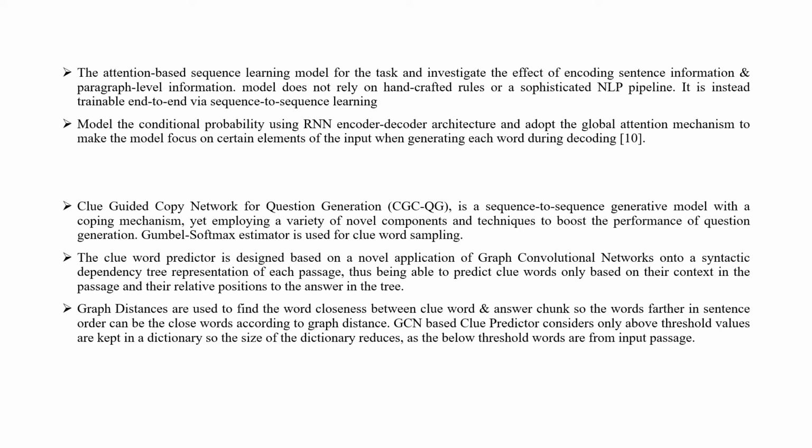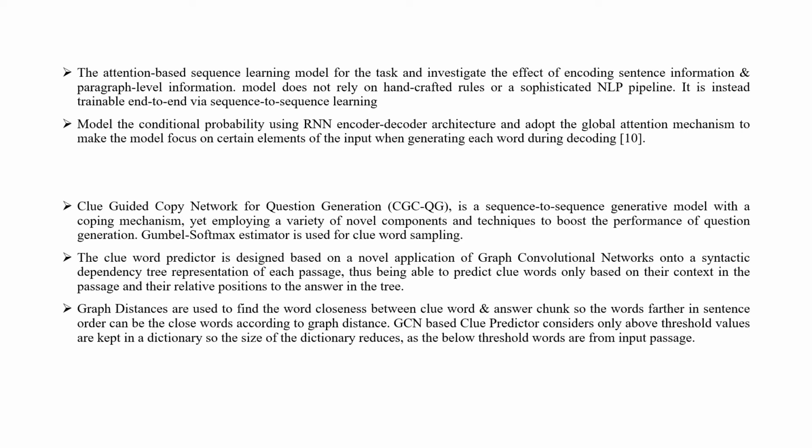Like this, we can build one clue-guided copy network also. What will that clue-guided copy network for question generation do? It will use a copying mechanism in a sequence-to-sequence generative model.